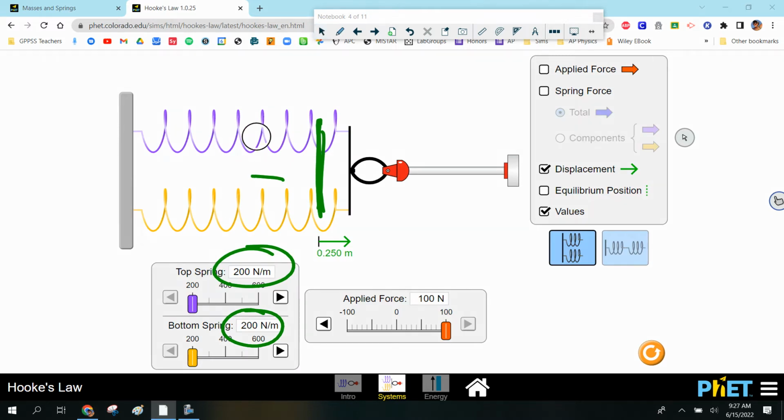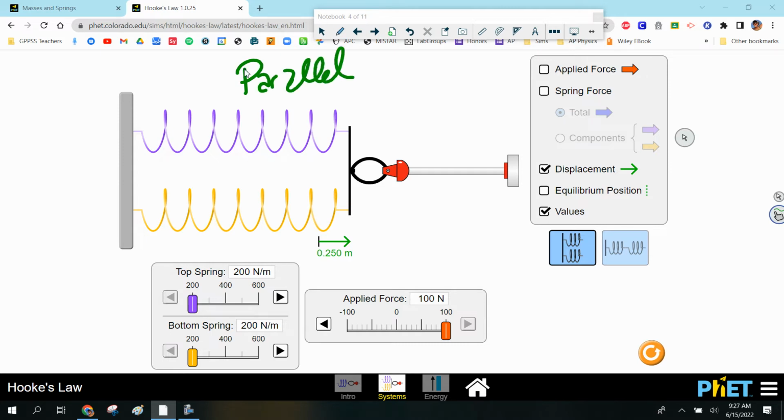So these two springs are connected in what we call parallel. I'll give you a definition for this in a minute, it is in the notes. They're called parallel because each of the two springs independently is attached to the object that we're trying to move.